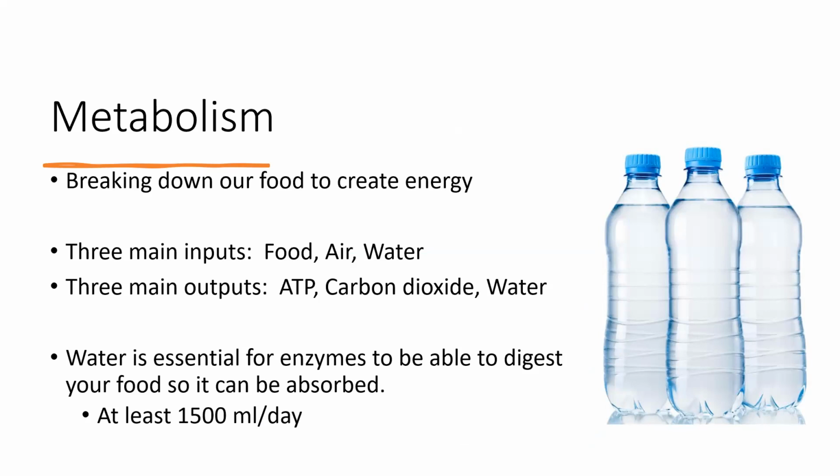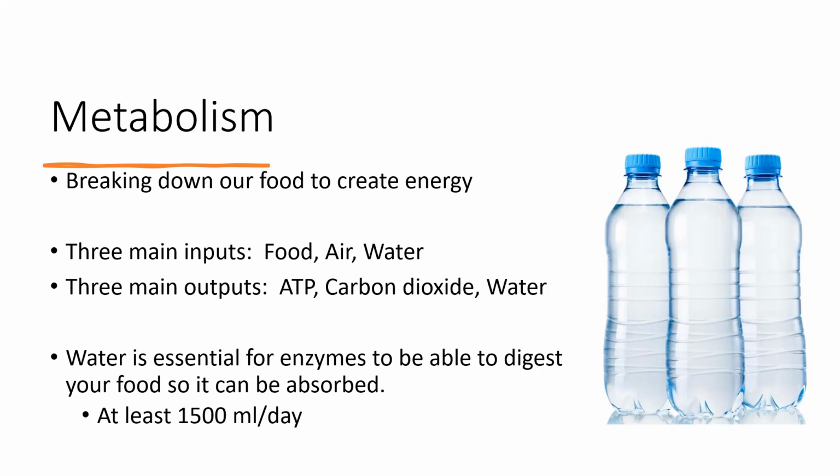It works with the three main inputs of food, air, and water, as we learned from the rule of threes. And the three main outputs are ATP, our energy molecule, carbon dioxide as waste, and water also as waste, which we get rid of as urine. Now, water is essential for the enzymes to be able to digest your food so it can be absorbed.